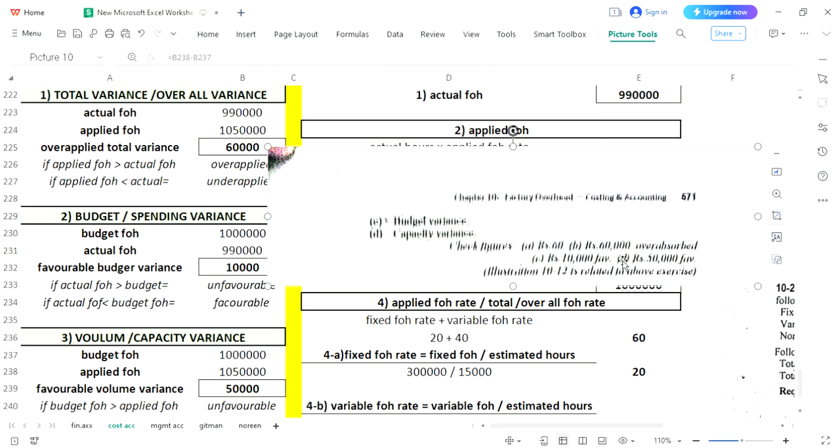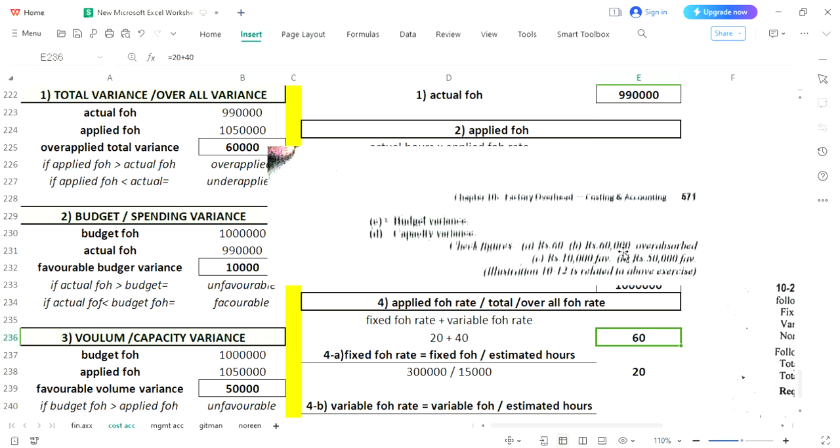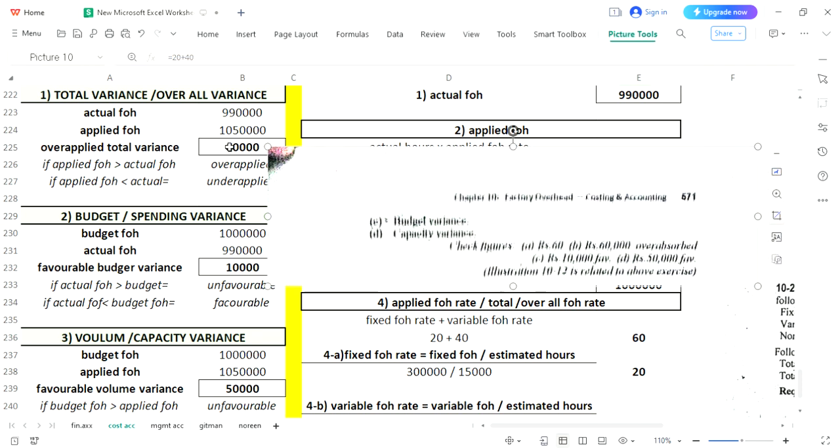All answers we have matched. First 60, you can see 60 over here, 60,000 and 60,000 total variance. Then we have 10,000 as budget variance. Look at here, 10,000 budget variance, and 50,000 as your capacity variance. Here is your answer, 50,000 volume or capacity variance.